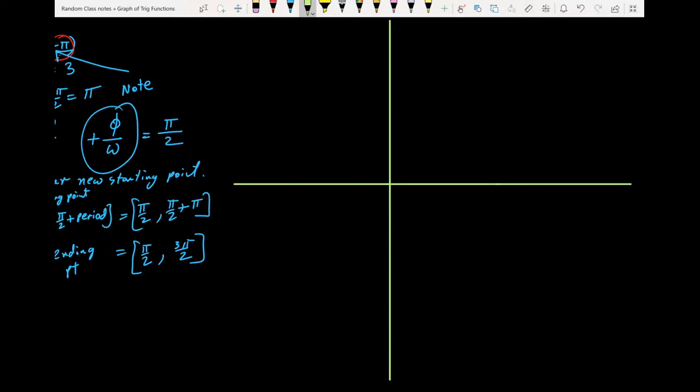The starting point in this case is going to be pi over 2, and 3 pi over 2. I'm just going to use this as a reference because I want to show that this distance technically could be whatever, but it's not equal to pi over 2. Because if I say this is pi over 2, then I have to use that same reference distance for the rest of the graph. All right?